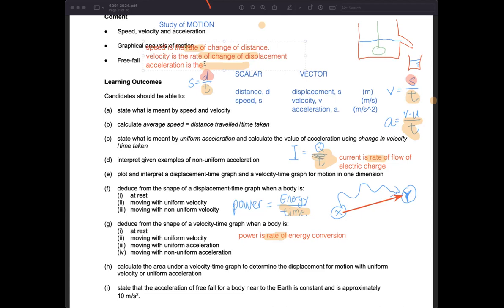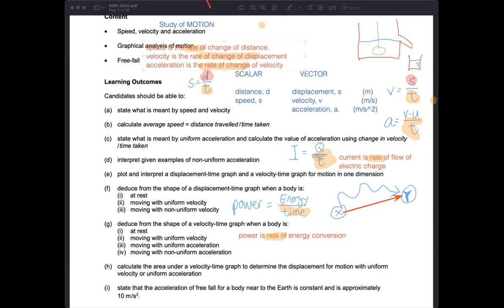Okay, Rui Hong, well done. Yixuan, very good. Siren, you're the last one. So acceleration, can you see divide by t is the rate? Rate of what? How the velocity changes. So it's a rate of change of velocity.